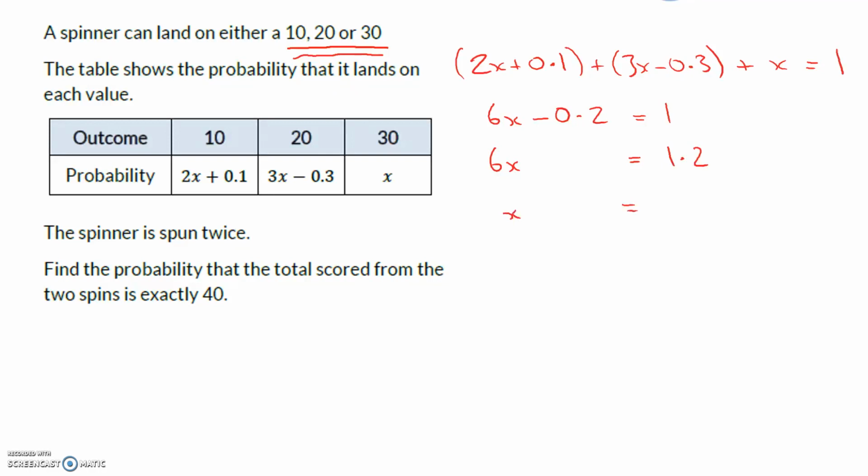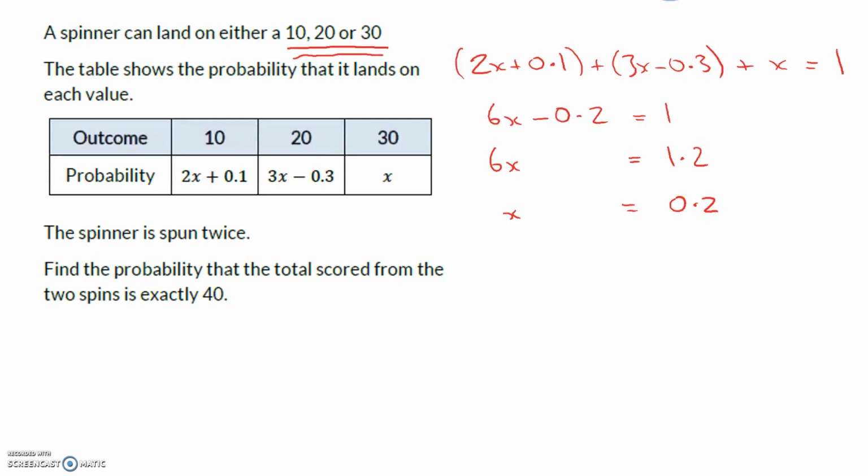Therefore x, we divide both sides by 6, has got to equal 0.2. 1.2 divided by 6, that's going to give us 0.2. Alright, so now we know x, we can go back and fill in some values in the table. I think actually we do need them all.